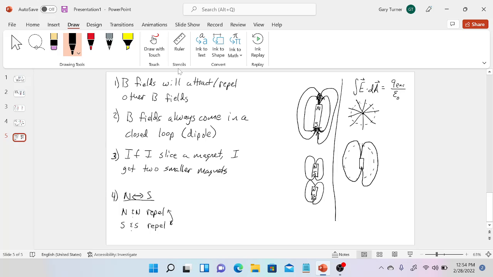So no matter how big or small a surface I have, if my surface encloses that magnet, then I will get zero flux. So there is zero flux for magnetic fields. Okay, so we write this as the integral of B dot dA is equal to 0. And this is actually known as Gauss's law for magnetism.